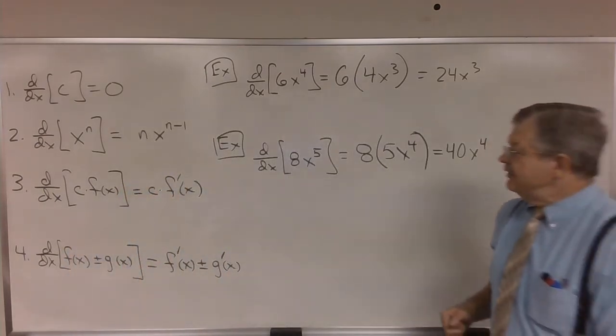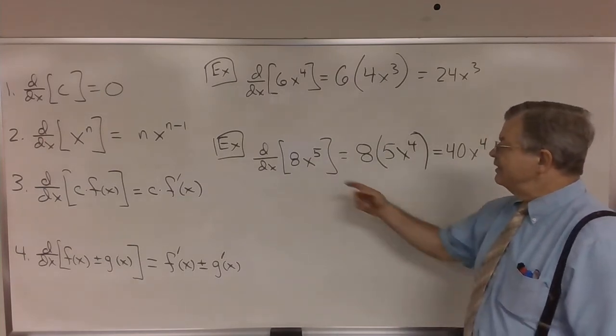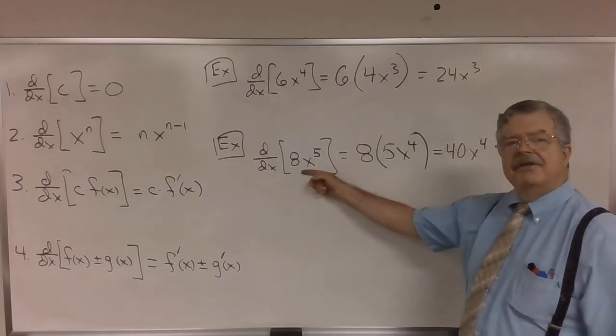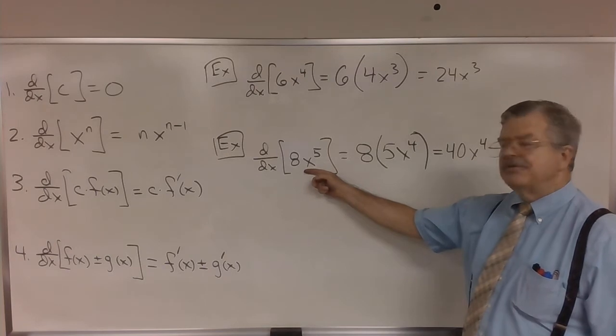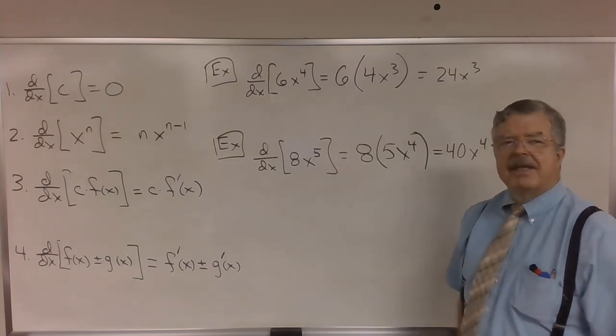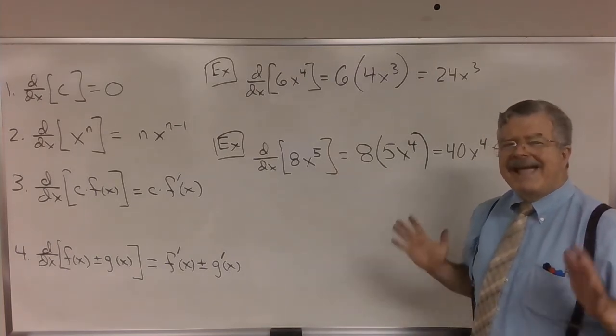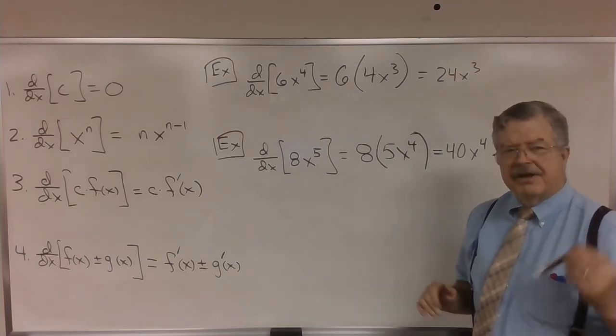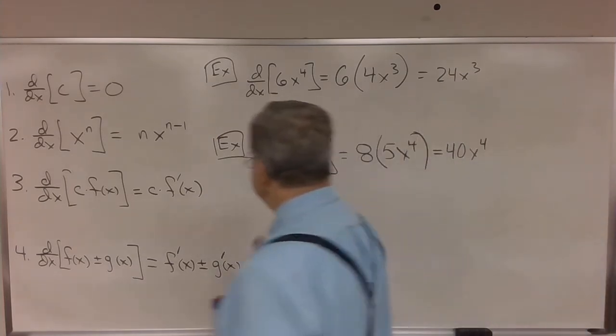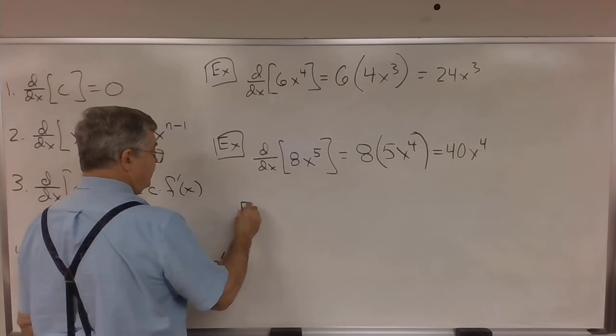Now, the reason I don't tell everybody to continue doing the derivative of a constant times x to a power this way is because everybody on earth who does calculus does this operation the same way.